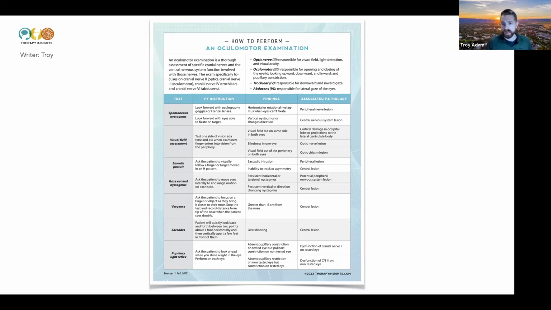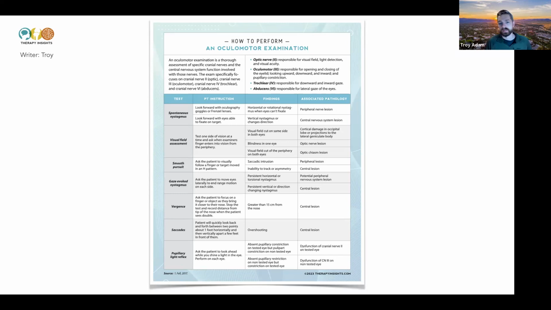That's that kind of classic CVA type symptom of somebody either with a posterior cerebral or middle cerebral artery occlusion or hemorrhage. But it talks about what happens if we have vision loss on both sides or of just one eye, and what those types of things can mean.